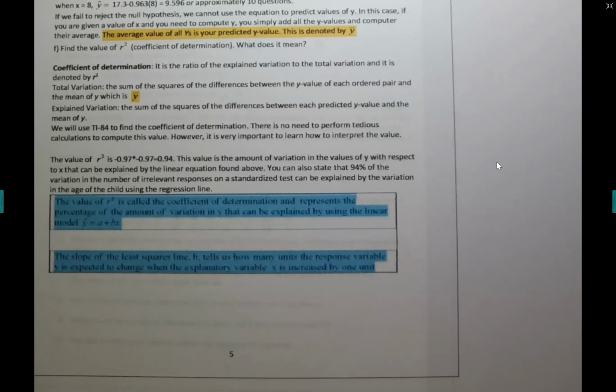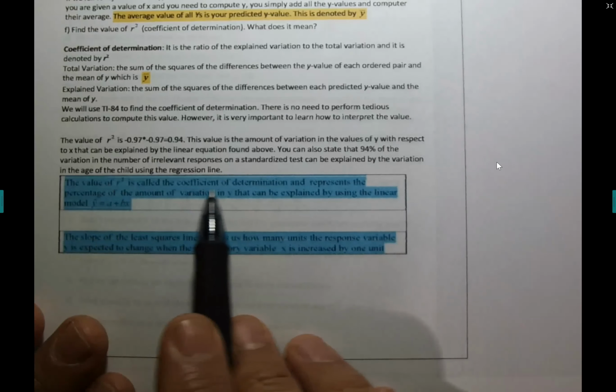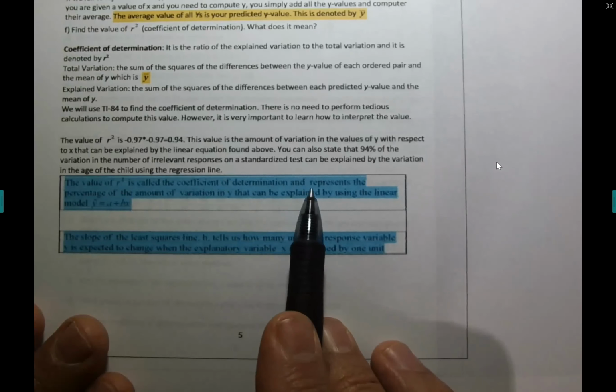So there are some other factors other than the age, it could be so many other factors, but they're not many. It's only 6% of the story, but 94% of the story can be explained just by the age itself.